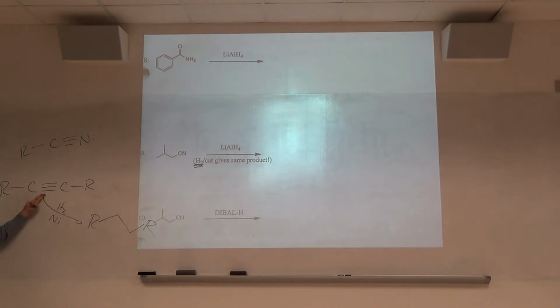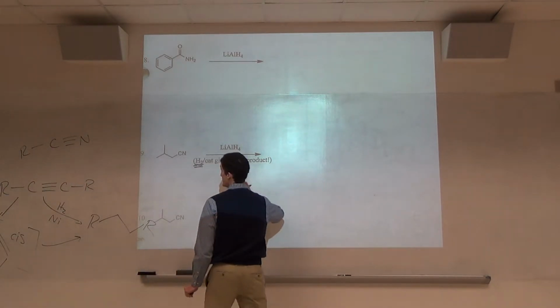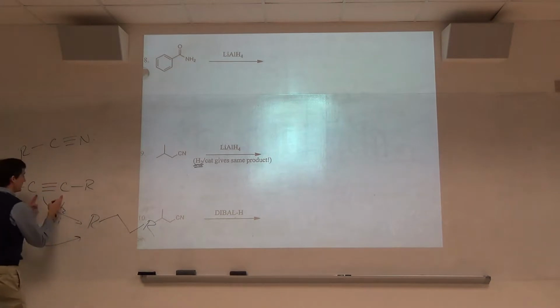What's the intermediate here that's not stopped yet? Is it cis or trans? It's the cis alkene. But it doesn't stop there, it goes all the way. So the same thing up here. We have a triple bond.